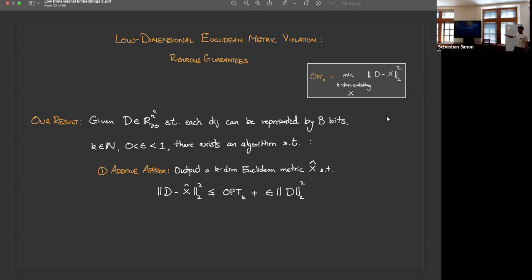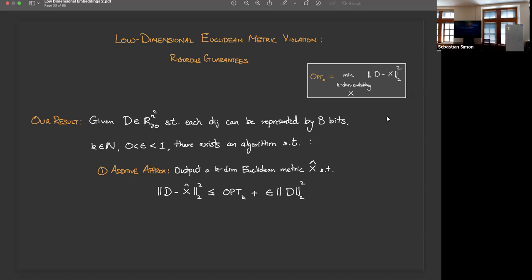Why does this additive approximation make sense? Well, I can always output the zero vector x hat, in which case I incur a cost that is at most the L norm of the input. Here I'm doing better, by a factor of epsilon times the max. That's usually how we represent that.